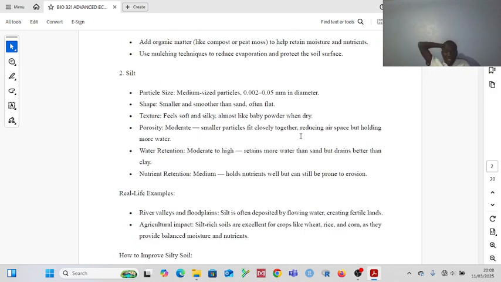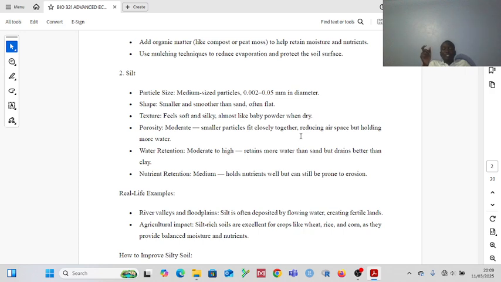The second type of soil particle is silt. Silt has medium-sized particles. Their shapes are relatively smaller and smoother than sand. The texture is soft and silky.